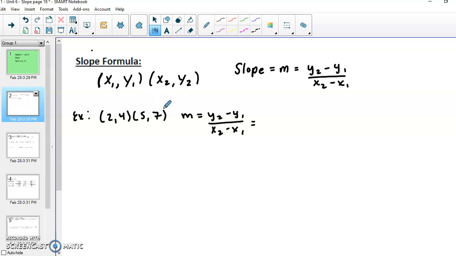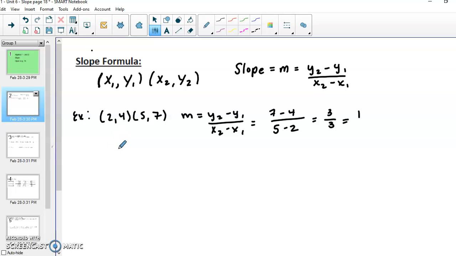The order does not matter, which is which, but you have to be consistent. So I'm going to say y2 minus y1, 7 minus 4, and then the x values would be x2 minus x1. From there, all you do is subtract. 3 over 3 simplifies to be 1.